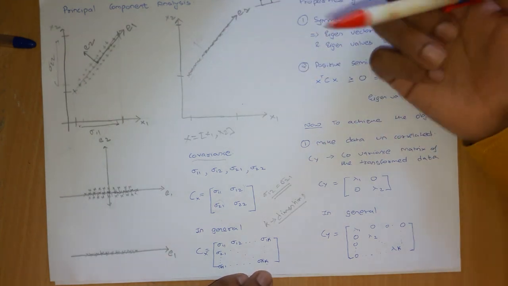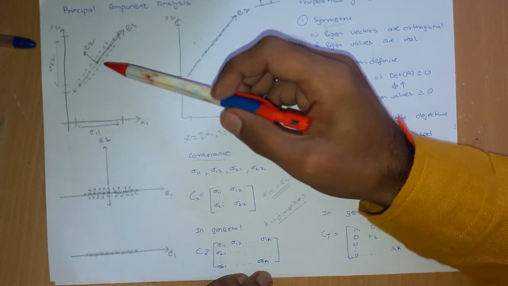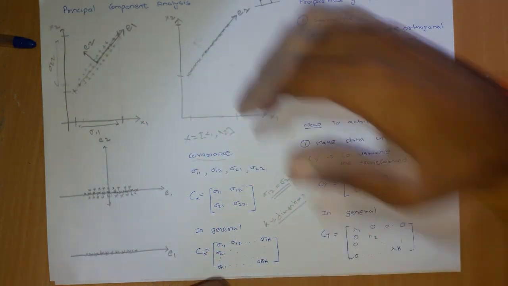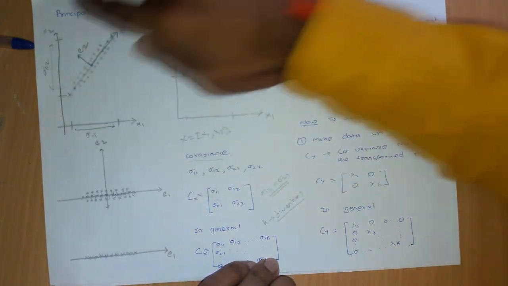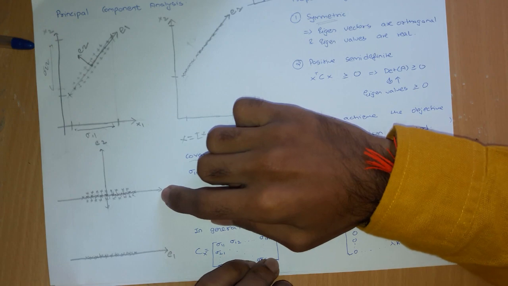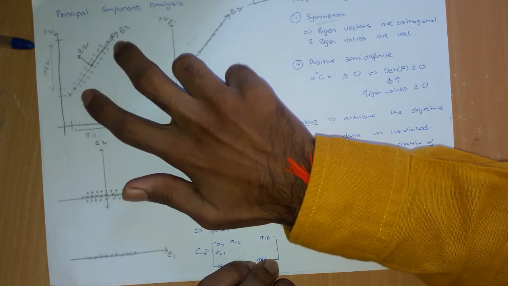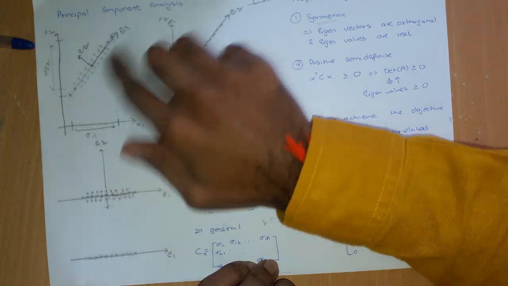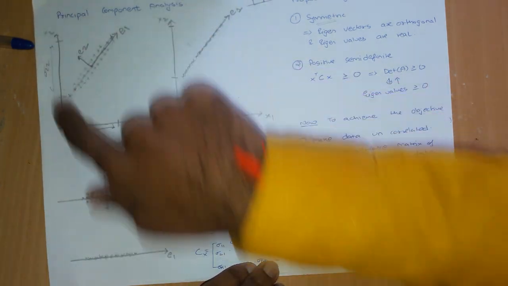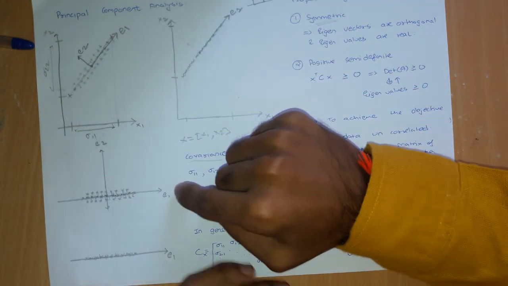So what is our objective from here? First we want some axis or some transformation. We want to transform this vector space into this vector space. And what is the condition that is needed? Over here you can see that there is some correlation. As x1 is increasing, x2 is also increasing, sort of. This is positive correlation.